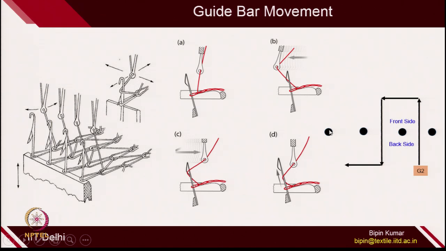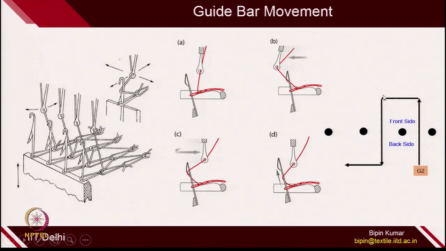So, if this guide provides yarn to this needle in the first course, then this guide bar has to go to some other location to provide the yarn. Let us suppose it now has to provide yarn to this particular needle, so it again changes position on the back side. This motion is extremely important.